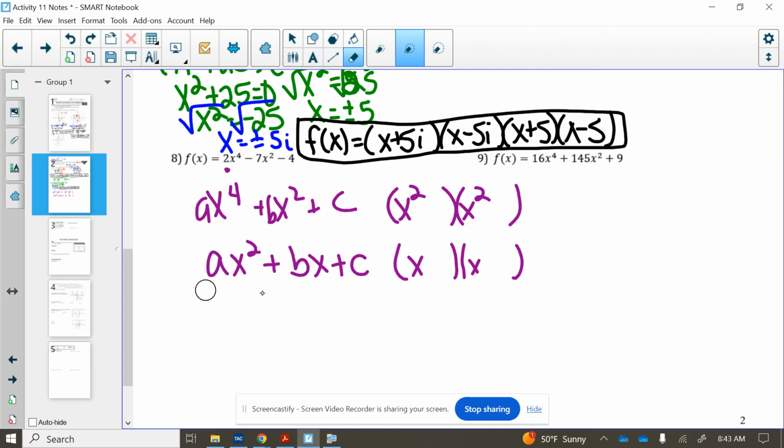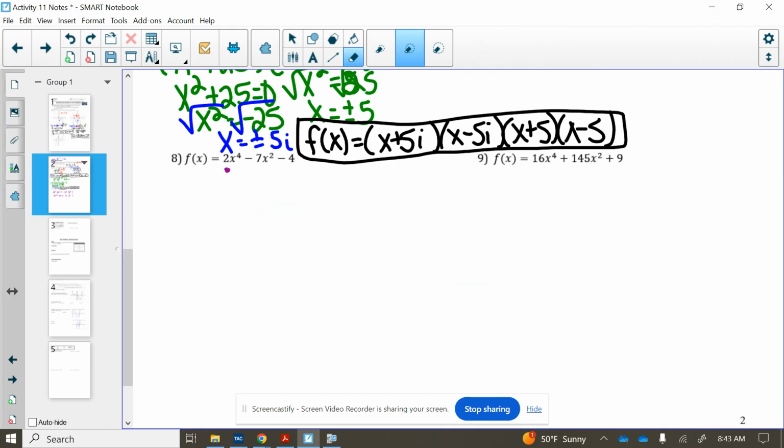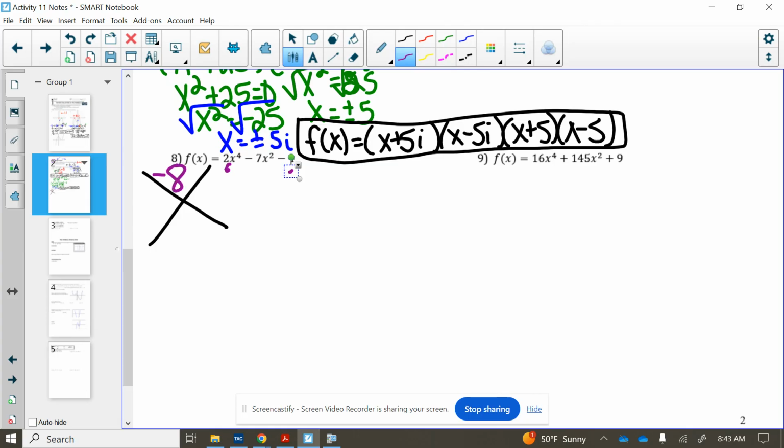So when we actually start solving this, again, we're going to start like our normal x squared, x, constant. And we're going to multiply a times c. So 2 times -4 is -8, that adds to be our b value in the middle of -7. We get this time that would be -8 and +1.